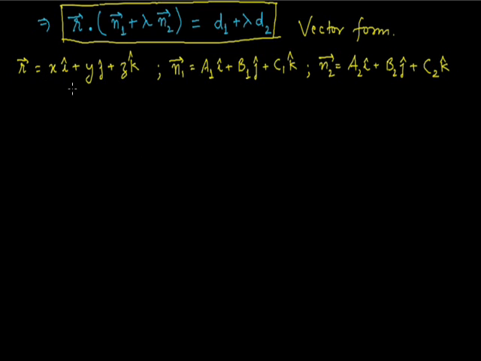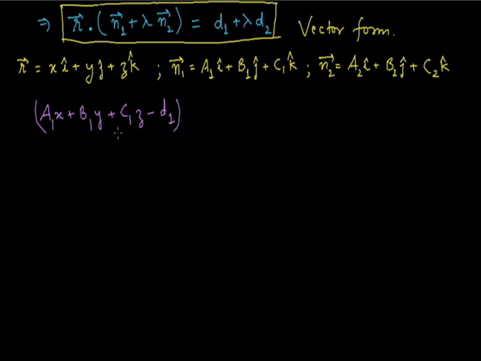While putting the values of r vector, n1 vector and n2 vector in the above equation, we will get the equation of the plane which we need as a1x plus b1y plus c1z minus d1.